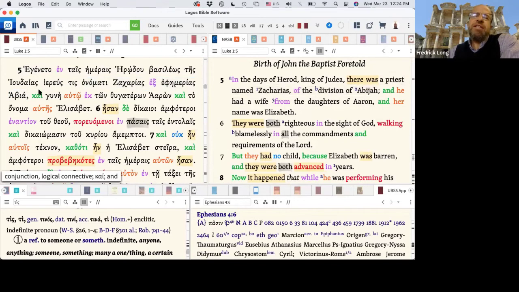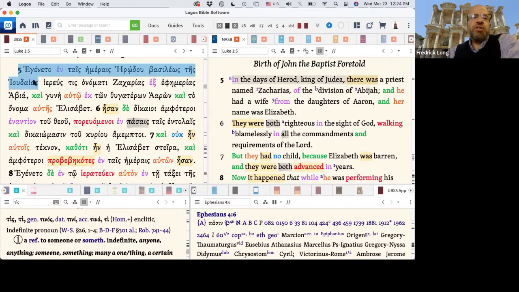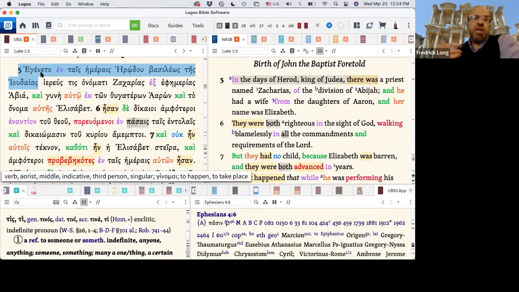So I guess it is possible that you could say, a priest by the name of Zacharias came in the days of. We'll see that Luke uses this as a transitional device, the egeneto, and then there'll be a subordinate clause to it.